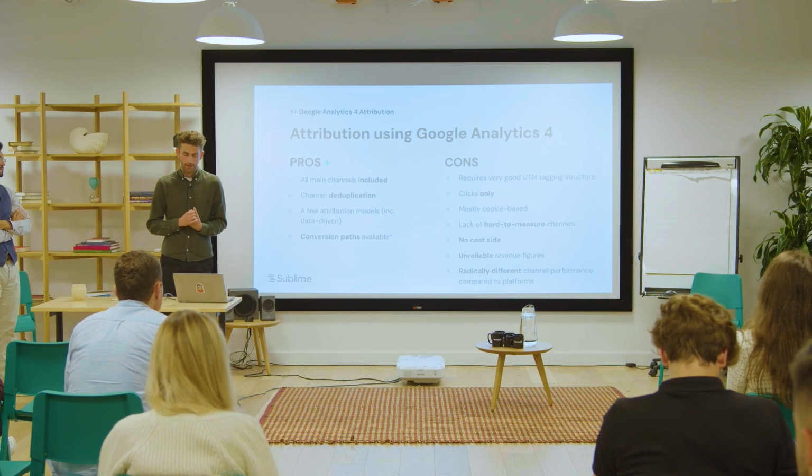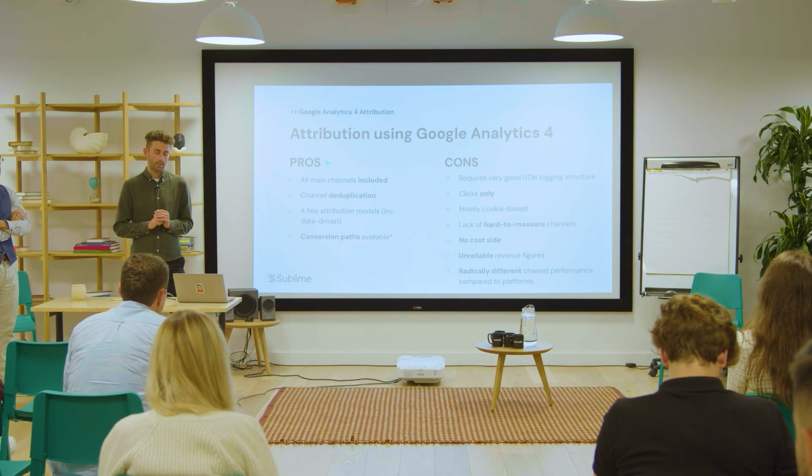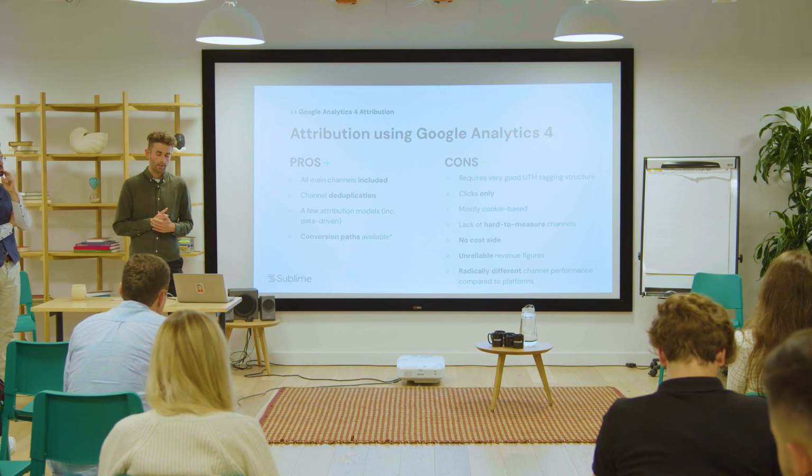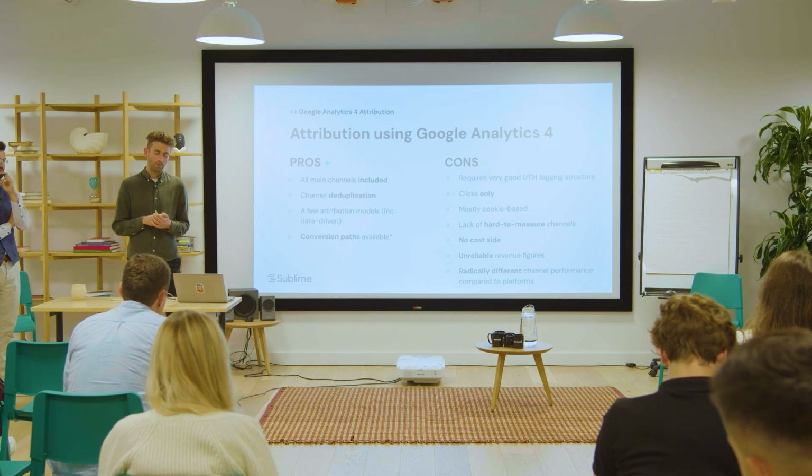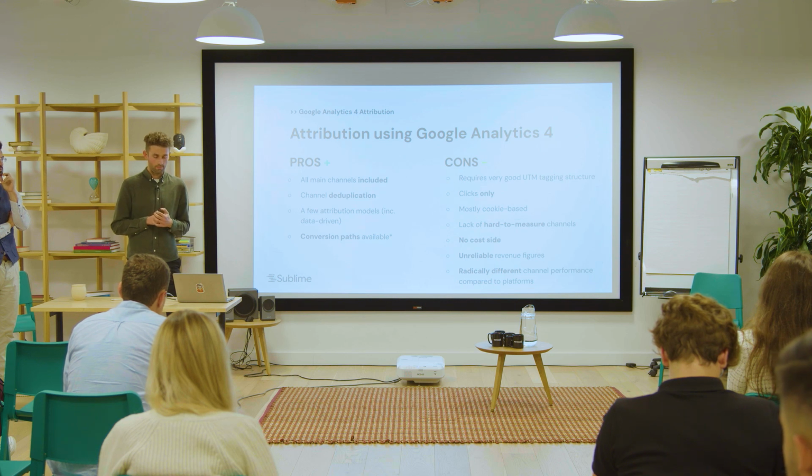And finally, probably the biggest con is that the results that you get from Google Analytics 4 will be radically different to what you see in ad platforms. So the channel performance will be most of the time much worse in Google Analytics 4 than in ad platforms like Meta or TikTok.